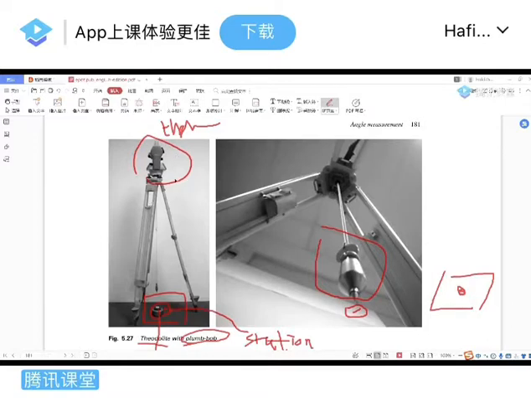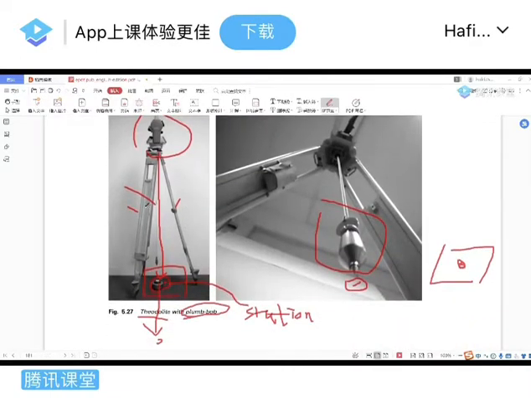Then you press the adjustment. They'll emit a laser beam over here, and from this laser beam you can see whether you can hit the target on the white paper. If not, change your leg. You have three legs, and in principle you can change your leg.